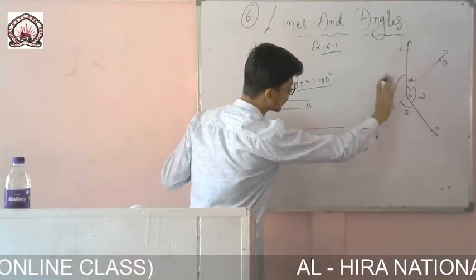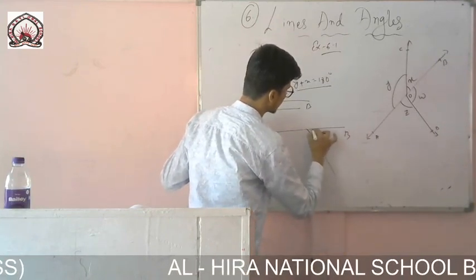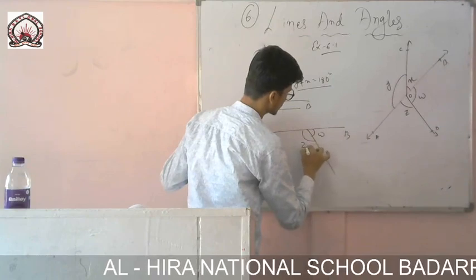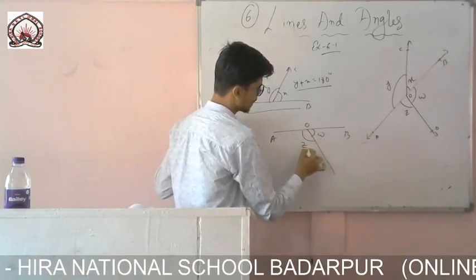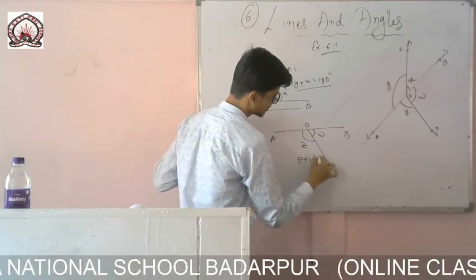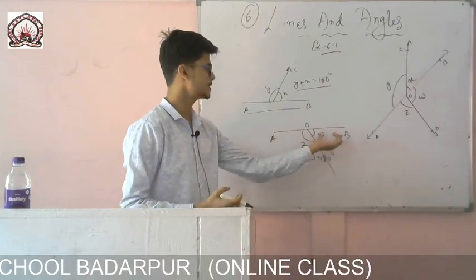Or else you see the lower part, AB is given here, that side is given W, there is given Z. If I can prove that W plus Z is equal to 180, I can say that yes, AOB is a straight line.